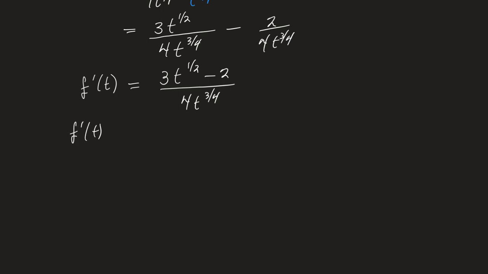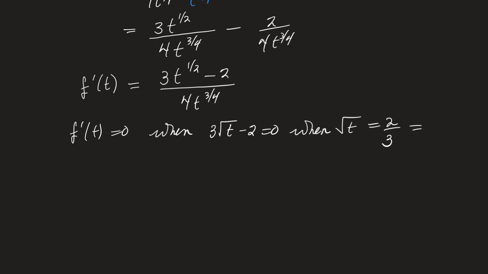So f prime t is 0 when 3 root t minus 2 is 0, or when the root of t is 2/3. And that occurs when t is equal to 4/9. And that's certainly in the domain of the original function.